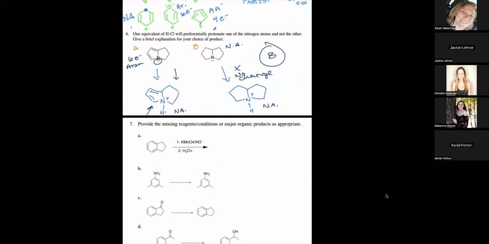Can I ask a question? How do you know that the product for the first one is non-aromatic? Conjugated systems are every other, so you have some form of electron or space that can participate, and as we saw up here, it can also be a formal charge. The nitrogen has to have electrons to contribute.